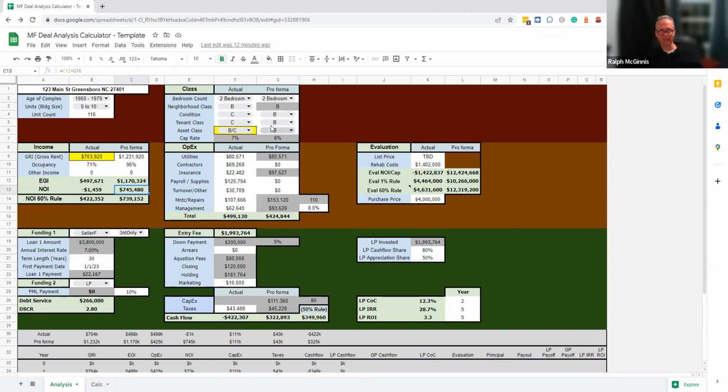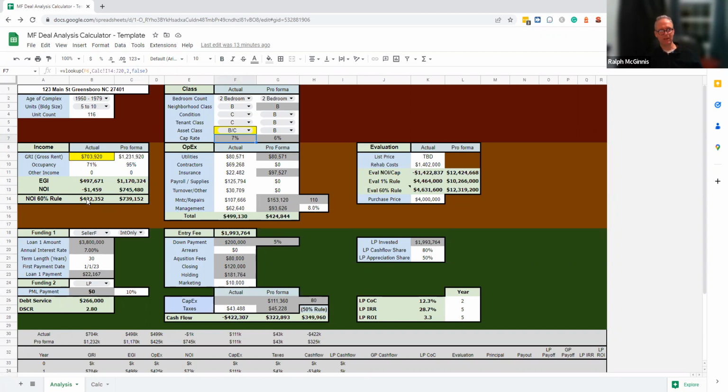If you increase the property's class, you improve the property overall, you can decrease the cap rate of the property. What that means is if you buy it at a 7 cap and the property is in top shape when you sell it, you might be able to sell it at a 6 cap. That's called compressing the cap rate. By compressing the cap rate, you improve the evaluation of the property.